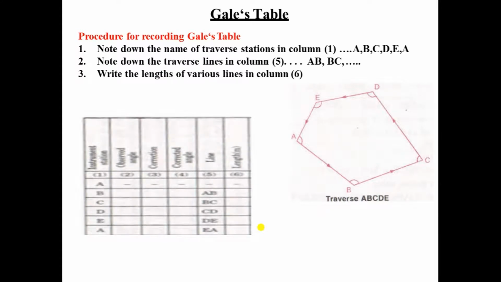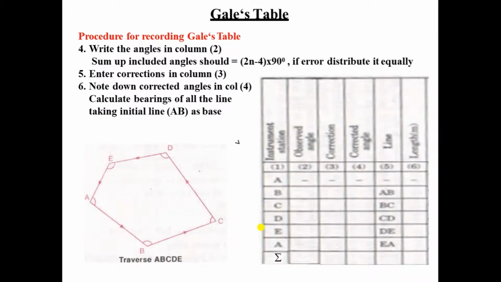See in the picture that first we have to note down the traverse station in column 1. After that we have to note down the traverse line in column 5. Write the length of the various lines in column 6. In the last I am showing you the total number of columns in the Gales traverse table and what parameters should be noted in it.